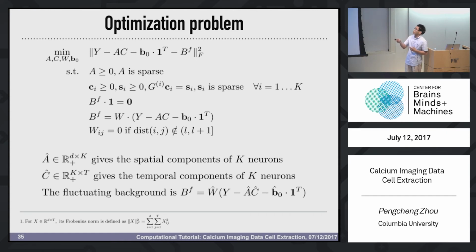This objective function is the residual sum of squares of Y after subtracting the neural signals and the background. These four variables also have some constraints. In this optimization problem, we didn't estimate BF, the fluctuating background, directly. We estimate the weight matrix W here, and once we have all these variables, we can estimate BF in this way.